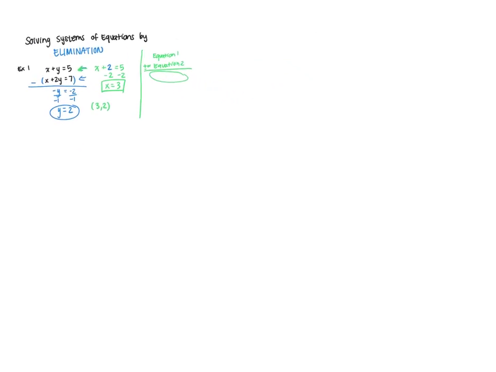Let's look at the example where 3y plus 2x equals 6 and 5y minus 2x equals 10.